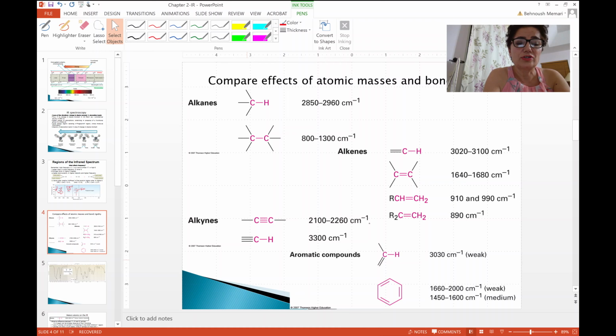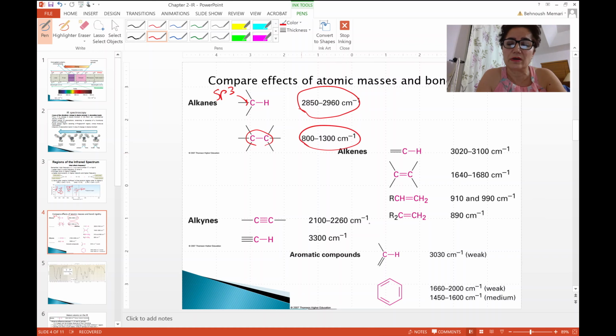Regarding the functional groups, for alkane we have the CH, attached to an sp3 hybrid carbon, which appears slightly less than 3000, and the CC single bond, which appears around 1200, in the area 800 to 1300.